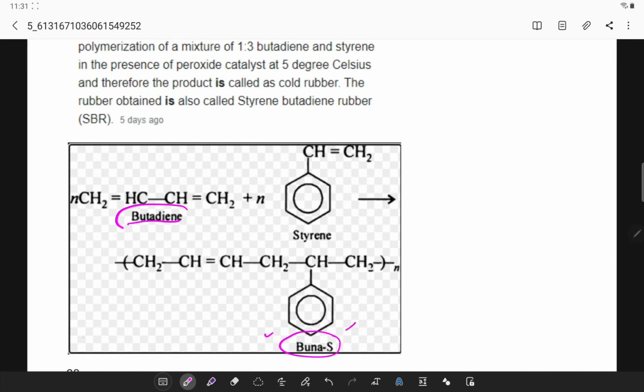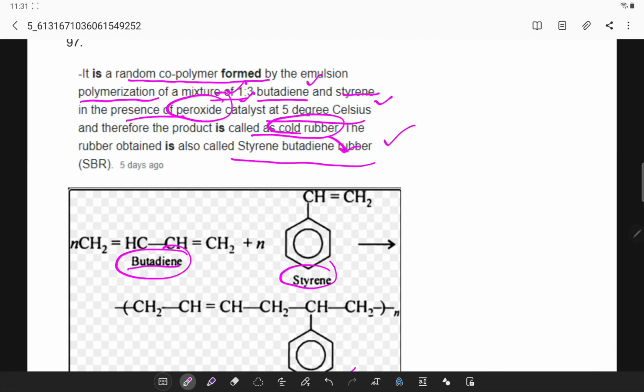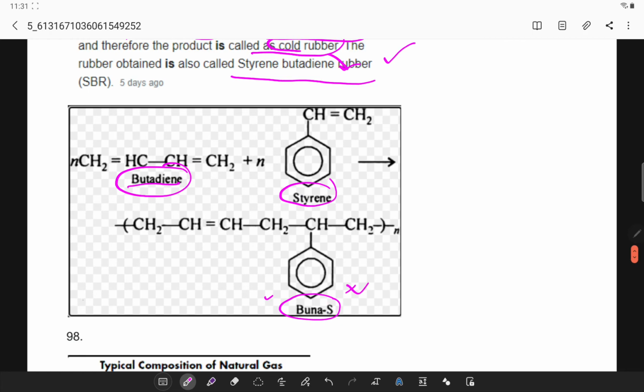When you have butadiene and styrene in this particular combination, it is a random copolymer formed by the emulsion polymerization of a mixture of 1,3-butadiene and styrene in the presence of a peroxide catalyst. This is an important bit. At 5 degrees Celsius, we get cold rubber, which is called styrene butadiene SBR rubber. This is an important question.